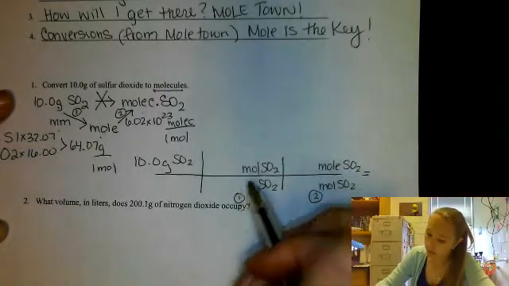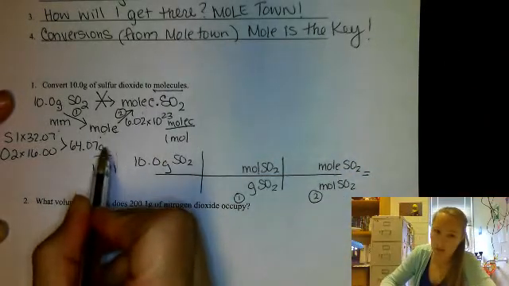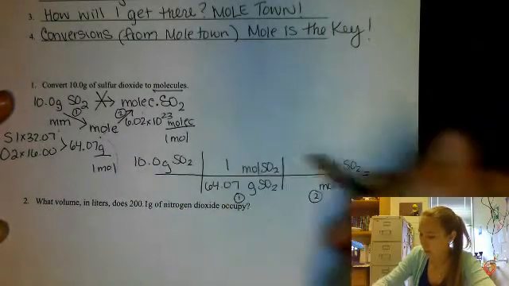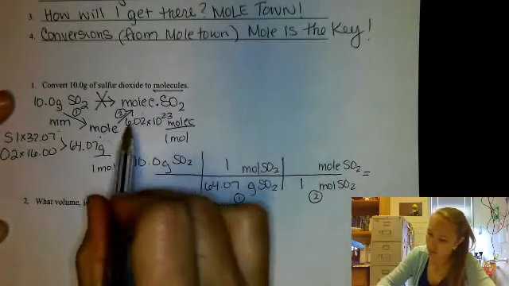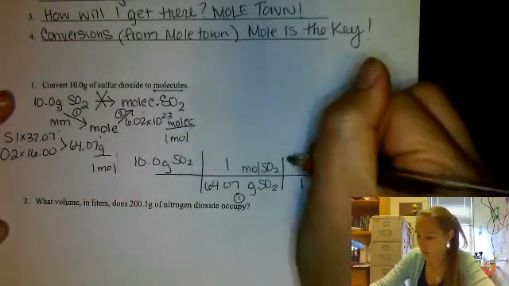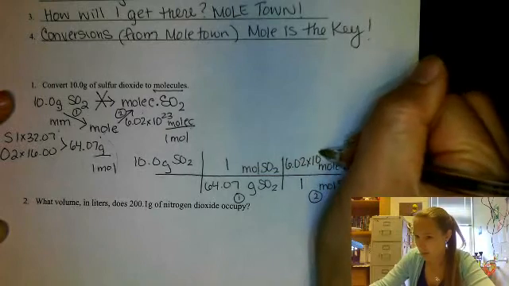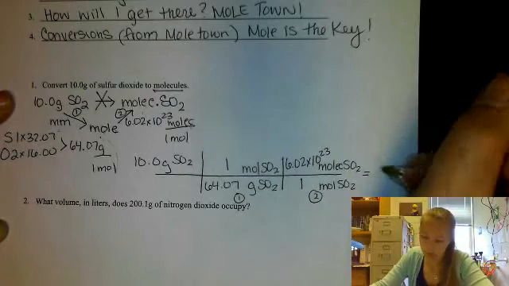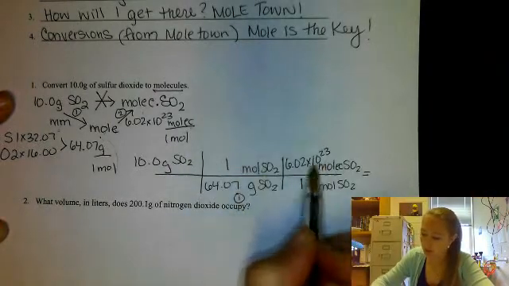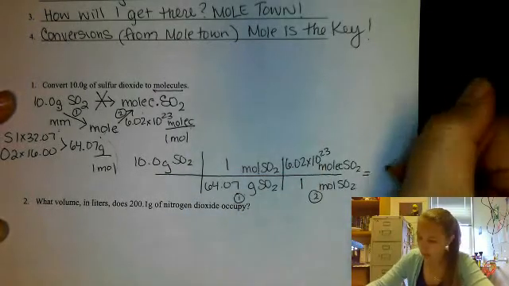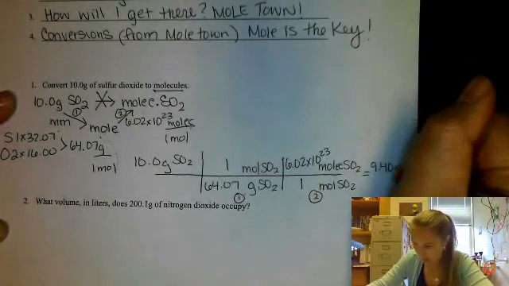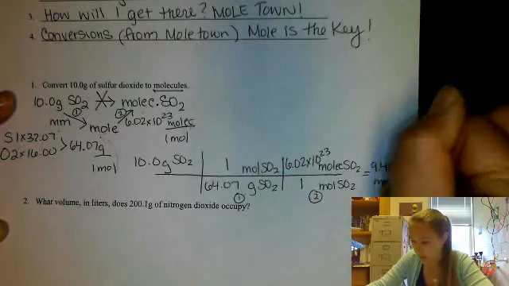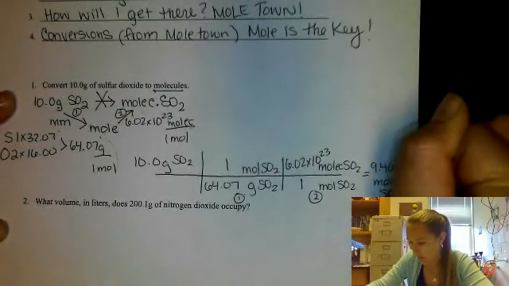And then I go back and fill in 64.07 grams per 1 mole, and every 1 mole, 6.02 times 10 to the 23rd molecules. When I plug that in, multiply across the top, divide by the bottom, and I get 9.40 times 10 to the 22nd. That's the whole number, and that's molecules, sulfur dioxide.